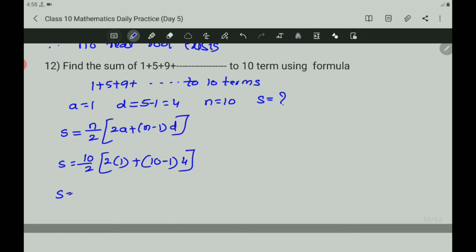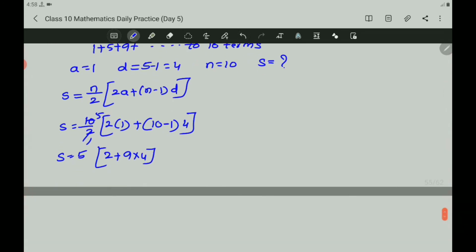Then S equals 2 ones are 2, 5s are 5 you write. Then 2 ones are 2 plus 10 minus 1, 10 minus 1 is 9, 9 into 4. Then S equals 5 into 2 plus 9 4s are 36.